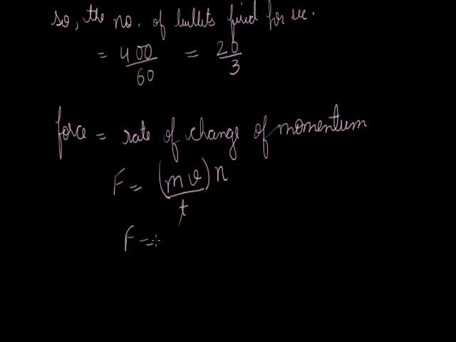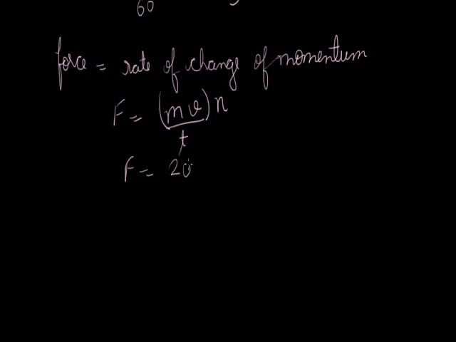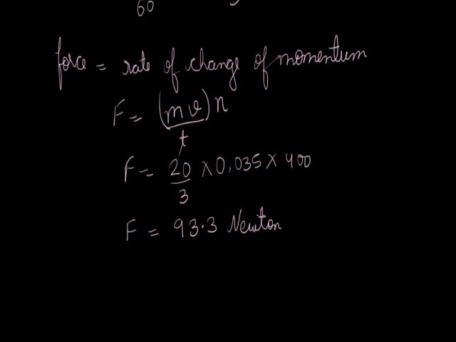That comes out to be n is 20 by 3, and as we discussed that mass is 0.035 and the speed of the bullet is 400. So on multiplying them, we get that force is 93.3 Newton. Okay. So these were a few numerical problems which were related to the conservation of linear momentum. Thank you.